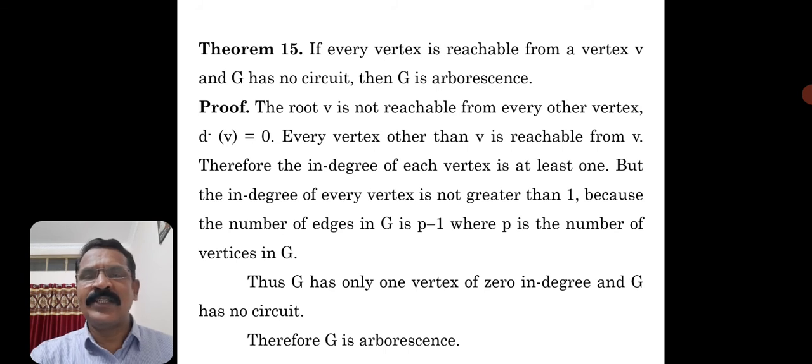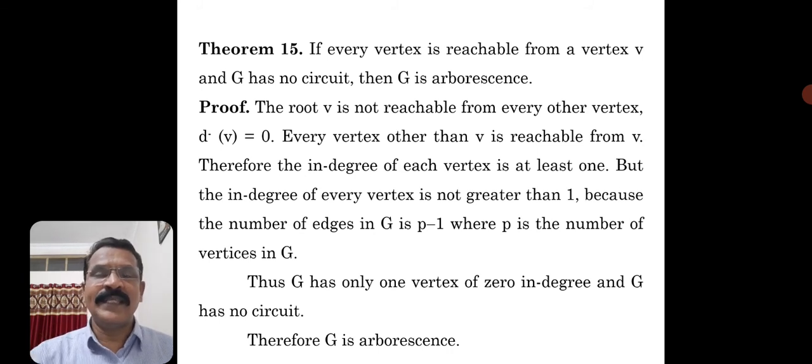When the in degree is 0, there is no edge incident into the root V, so there is no directed path from any vertex to the root V. For that reason, we can say the in degree of V is equal to 0. Then every vertex other than V is reachable from V.